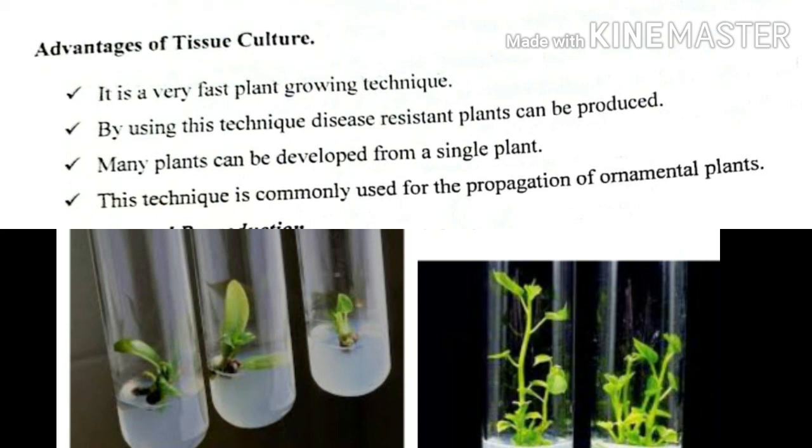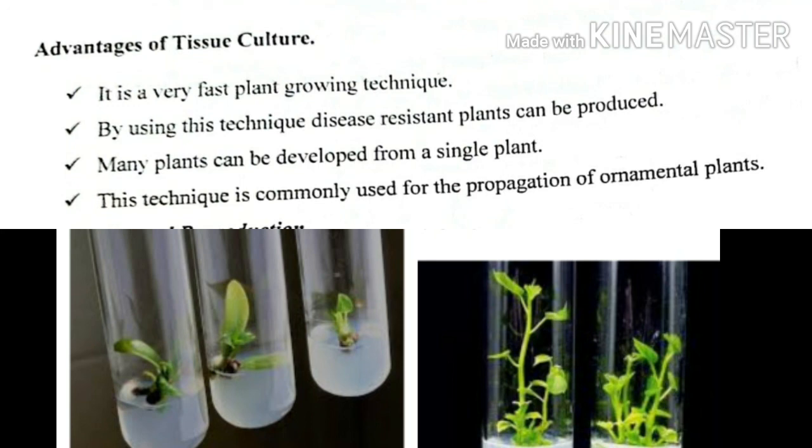This is because we are mainly taking the meristematic tissue, and since meristematic tissues are fast dividing cells, most of the microbes cannot attack these meristematic cells. So when we are taking tissues from the meristematic region, we can get disease resistant plants. Okay, so the plants produced by tissue culture will be resistant to different types of diseases.